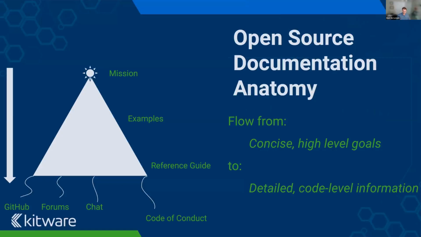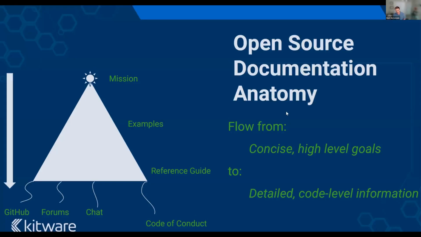With different types of documentation, they expand to be more voluminous and more detailed until you get to documentation that's very specific at the code level. Beyond that, you can provide links and appendages out into related information, like where the source code is located, or documentation that's embedded in discussion forums or chats online. So next slide, please.